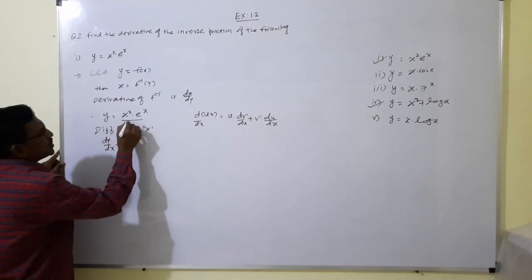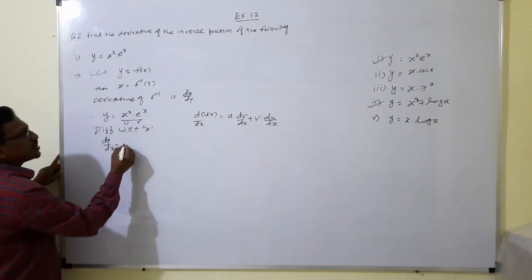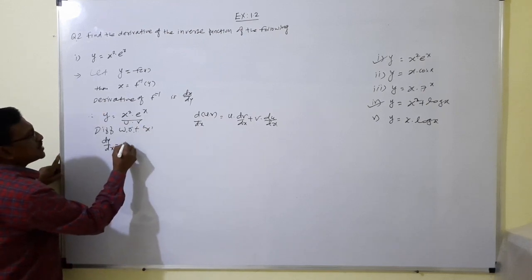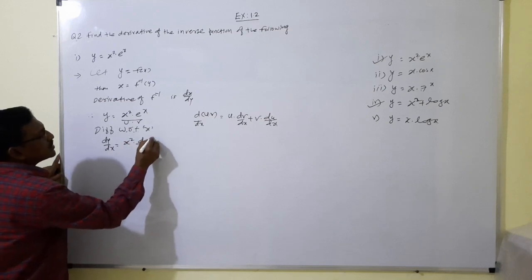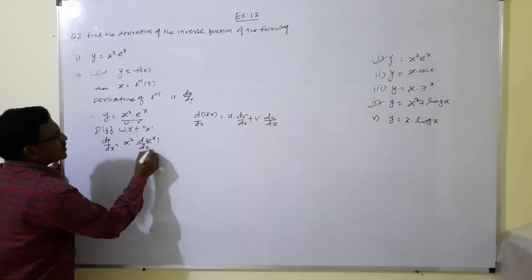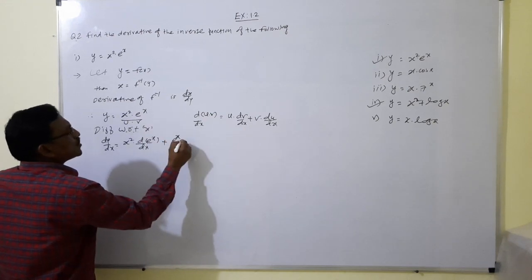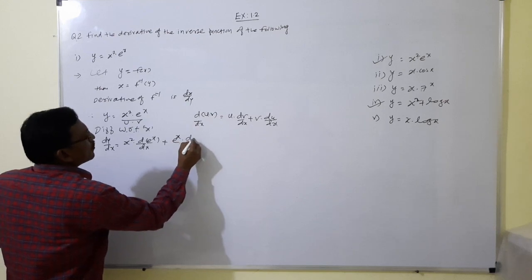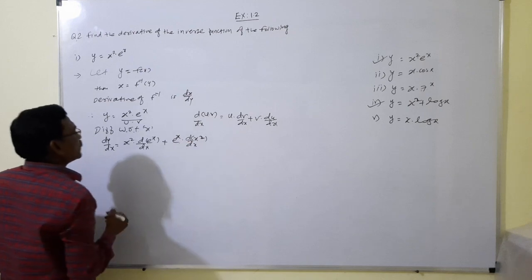So x square is u and e raised to x is v here. By using this rule, first function x square as it is into derivative of second, derivative of e raised to x, plus second function e raised to x as it is into derivative of first, derivative of x square with respect to x.